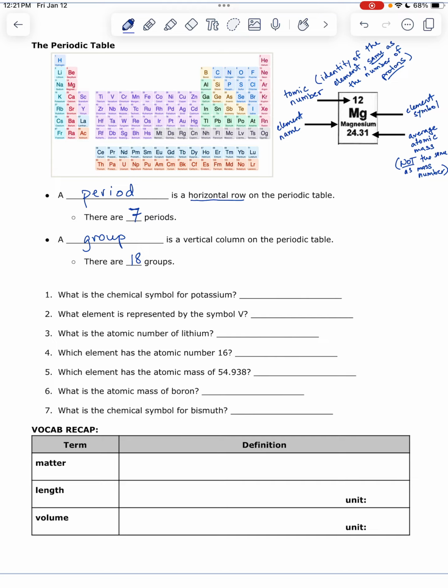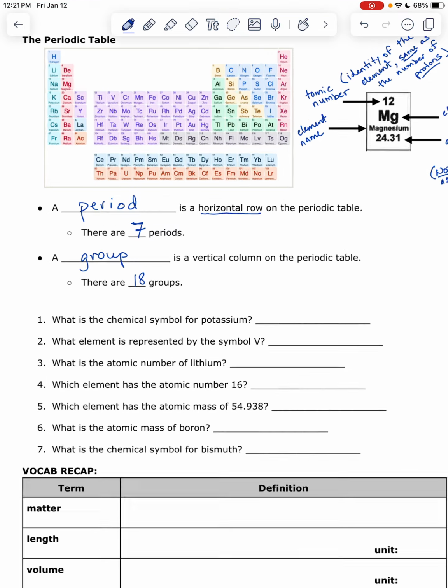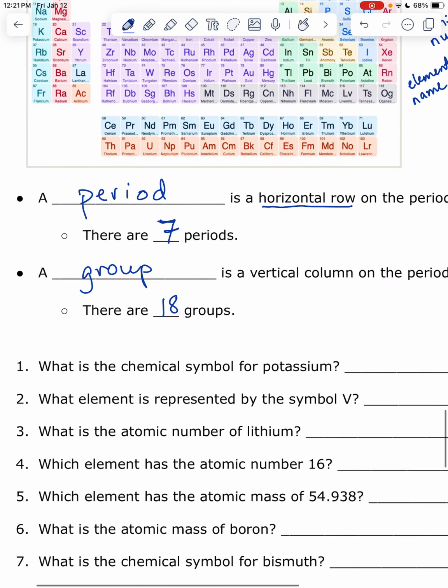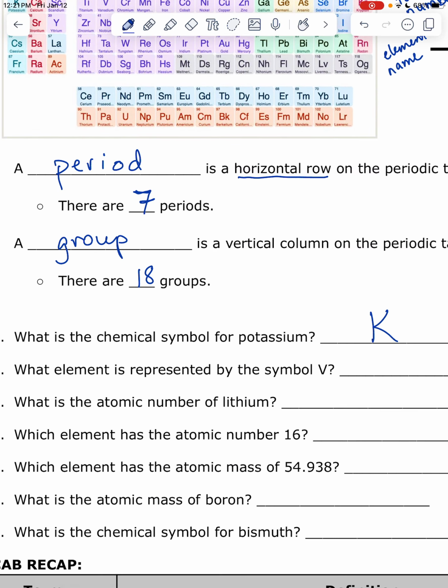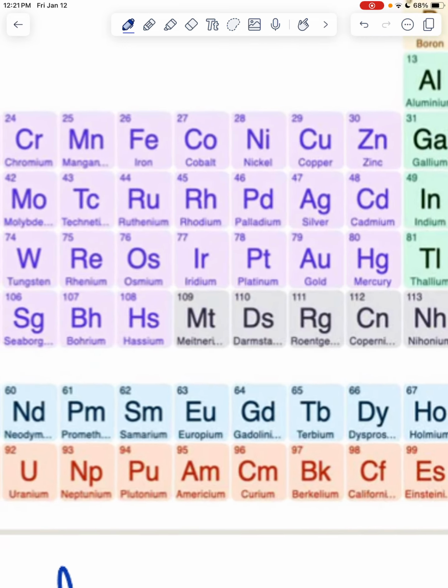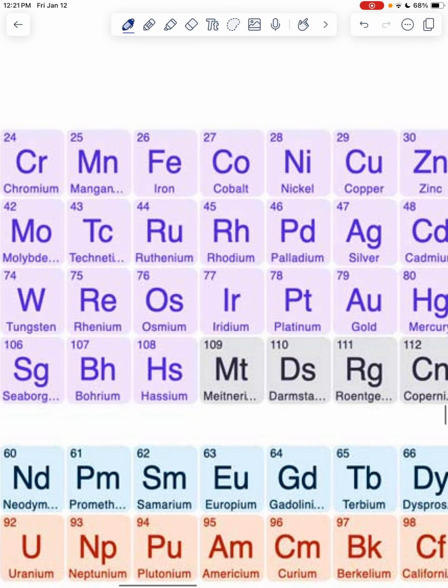What's the chemical symbol for potassium? So I go and I look for potassium. Oh, chemical symbol for potassium is K. Now, why is it K? It starts with a P. Because all of these, most of them, are based off of their Latin names. So something like, let's say, iron, right? You're like, iron, Fe.